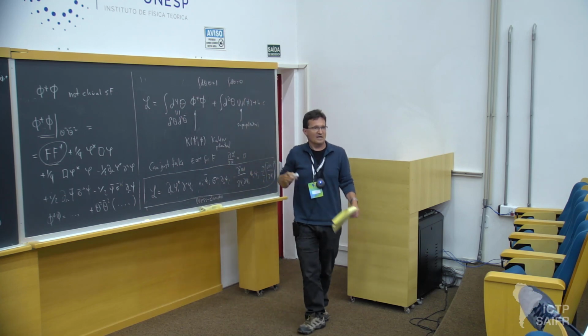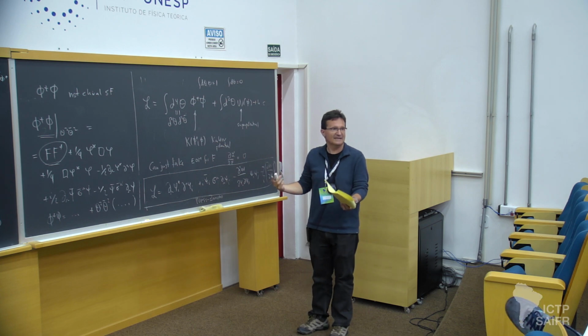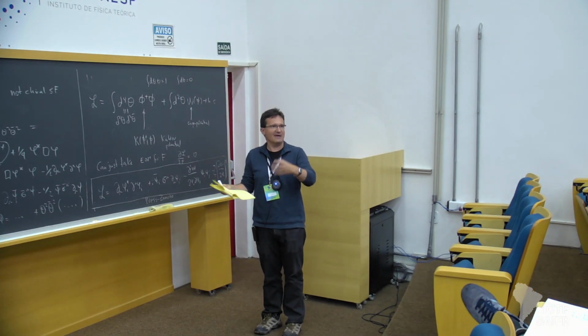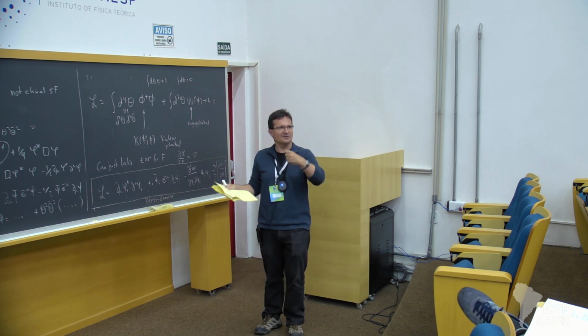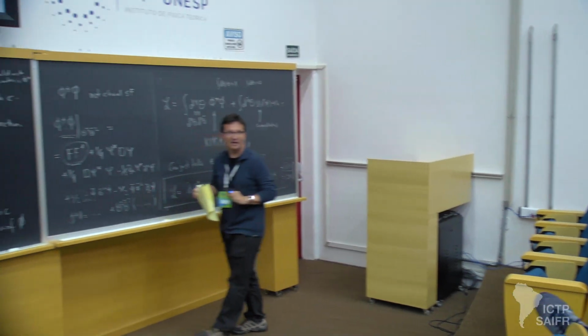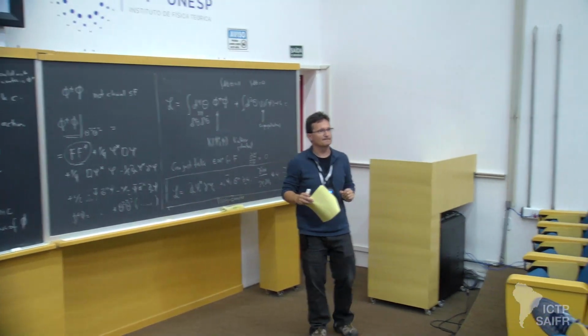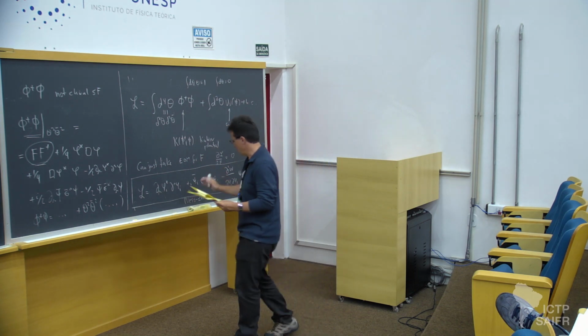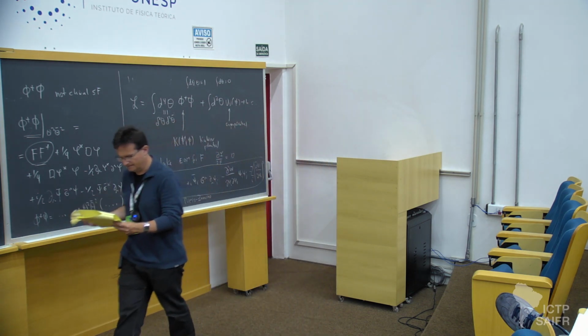Essentially, I'm just applying those rules, saying that integration is the same as differentiation and is the same as literally picking out the coefficient of this term. All right, very good. So that's the story of the chiral superfields.